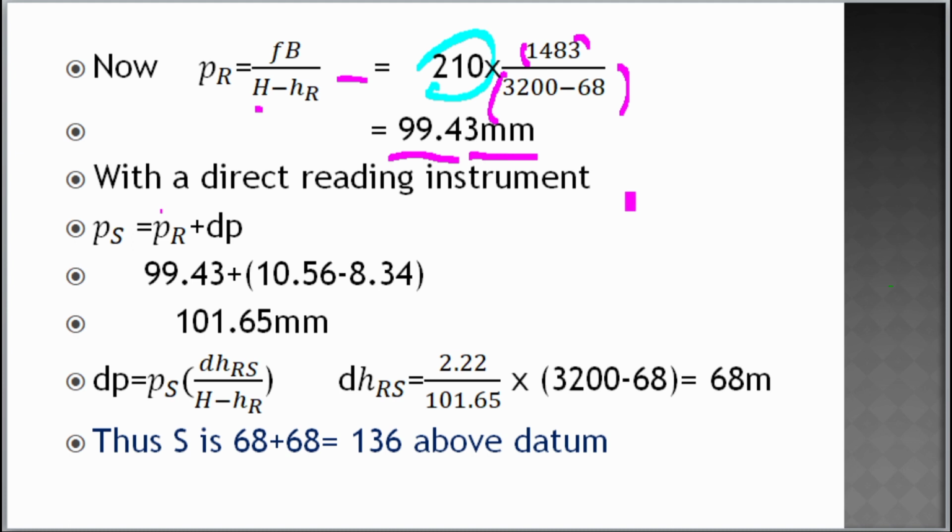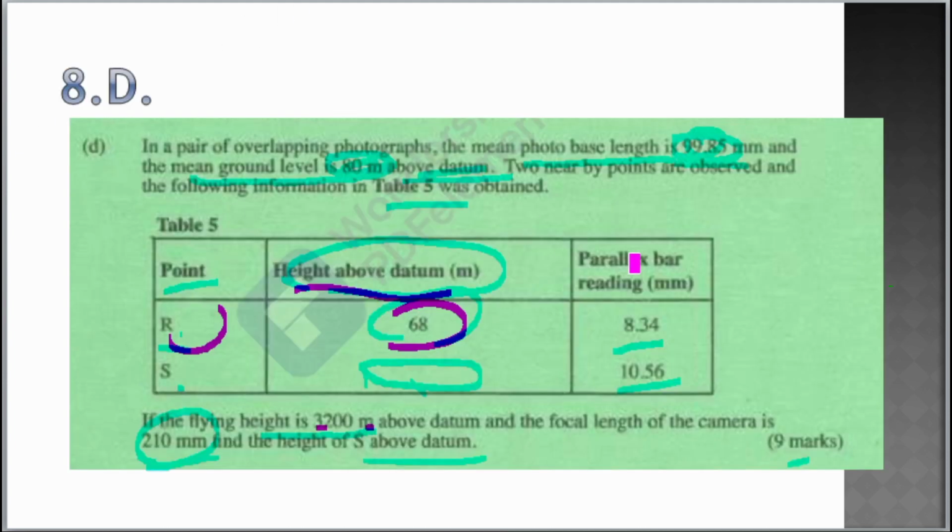With the direct reading instrument, my parallax at S will be equal to my parallax at R plus the difference between these two points here, the difference in the parallax bar reading.